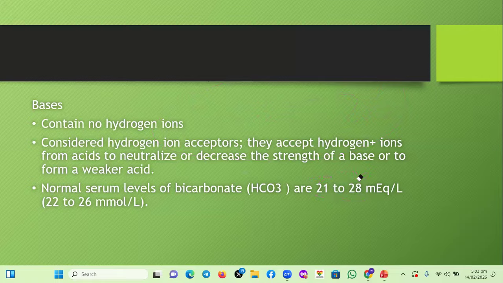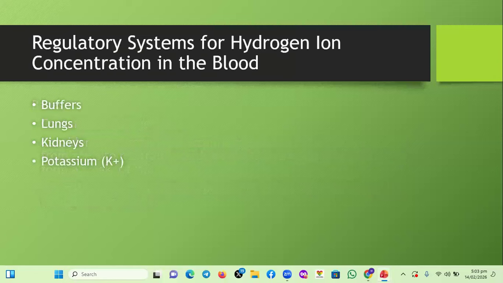Then we go to how the body regulates acid and base, the regulatory systems for hydrogen ion concentration in the blood. We know that the body uses the buffer systems. I won't go much into it, but what you need to understand is that the body uses the buffer systems to regulate acid and base.